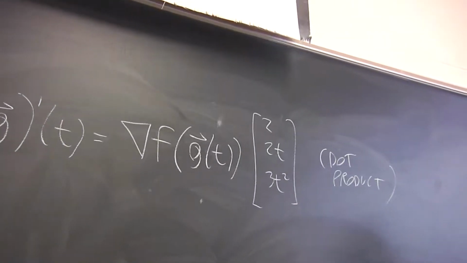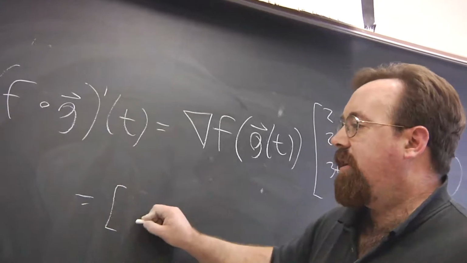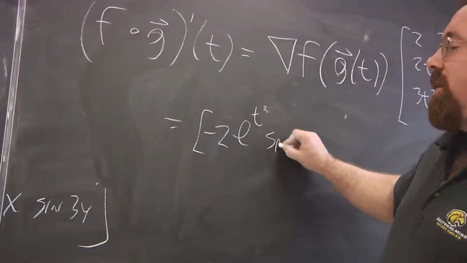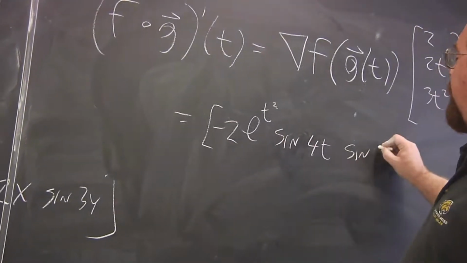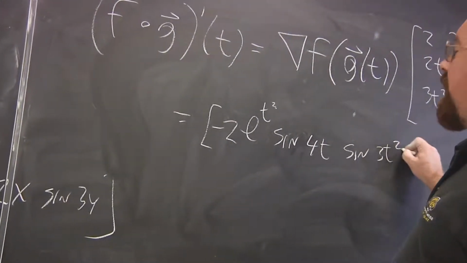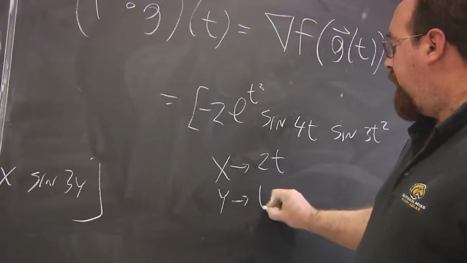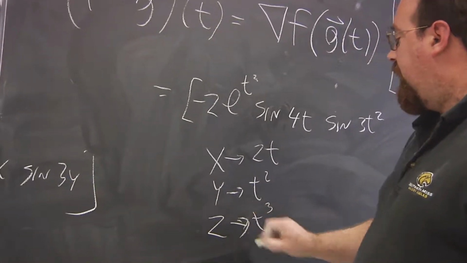So to write out what's going on here, the gradient evaluated at g of t is going to be, so we have minus 2 e to the t cubed sine 4t, because there's a 2x, but x is 2t, sine 3t squared. So you can see in front of you, x is becoming 2t, y is becoming t squared, z is becoming t cubed. So that's the substitution that we're making.